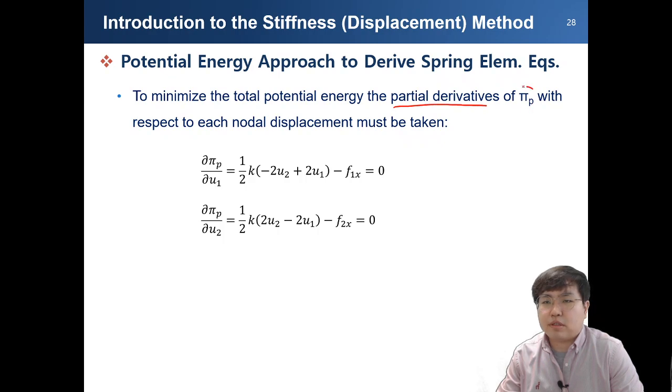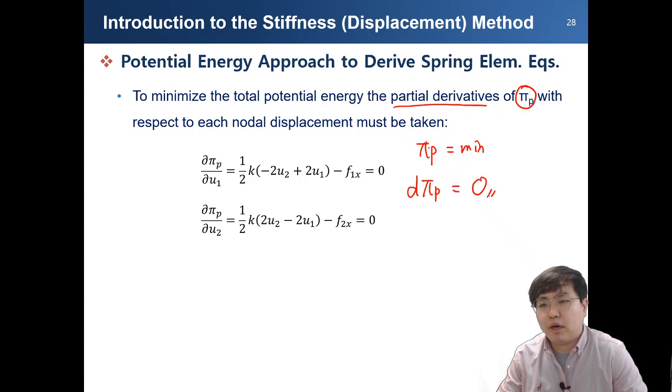the total potential energy with respect to each variable, so that I can find where this becomes minimum. In other words, the derivative of phi becomes 0. However, this total potential energy is a function of two or more variables, so we need partial differential equations.